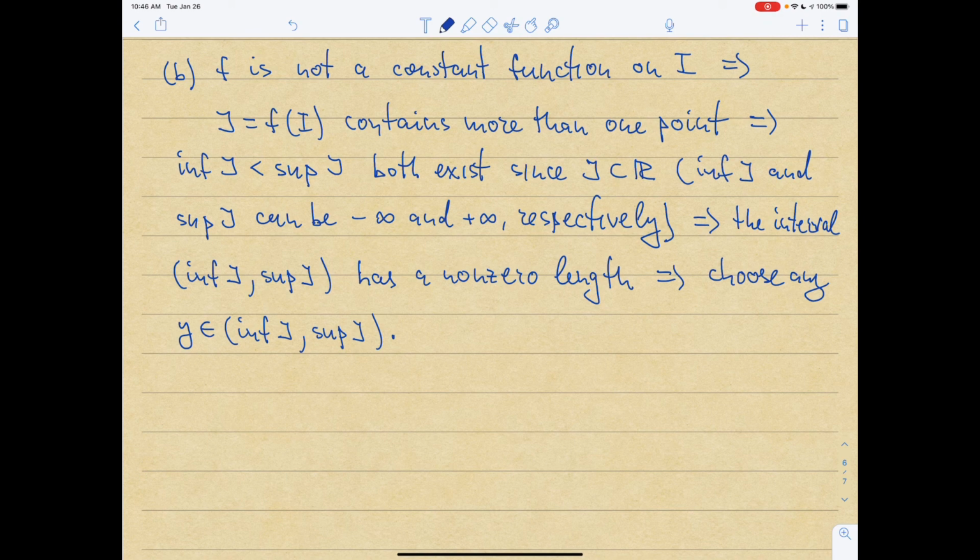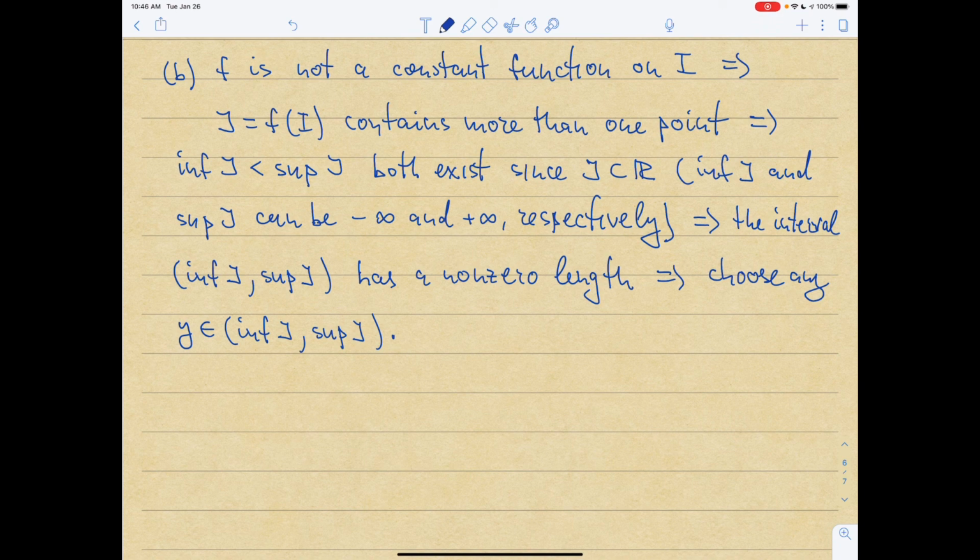And the function is continuous on I. So then it seems that we can apply the intermediate value theorem immediately. But the problem is that the infimum of J and the supremum of J are not necessarily possible values of your function, right?